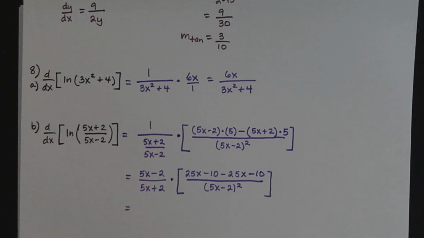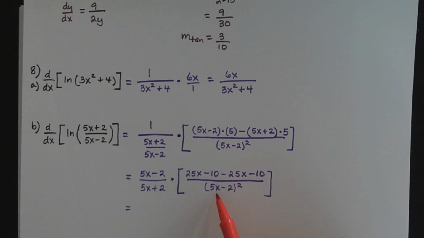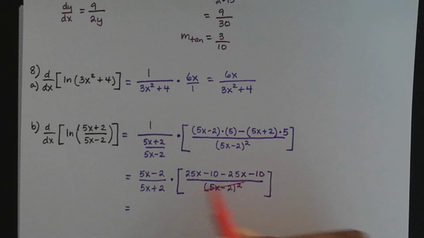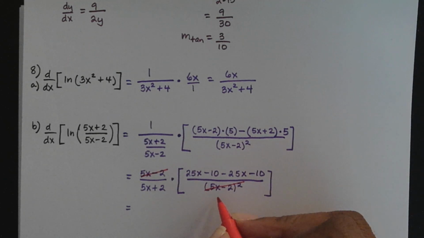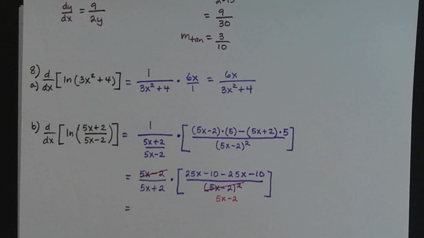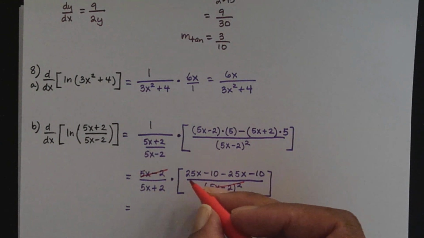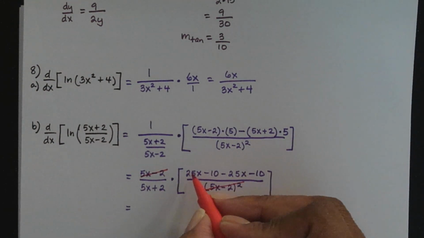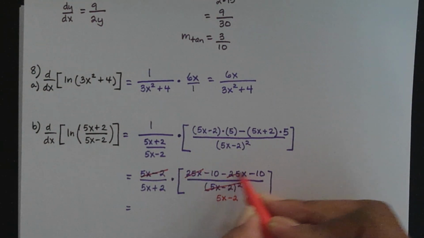And I'll go ahead and do this. I got one of those 5x minus 2 in the denominator. One of these will divide out with this 5x minus 2. And I'll be left with a 5x minus 2 in the denominator. 25x minus 25x, that is gone.